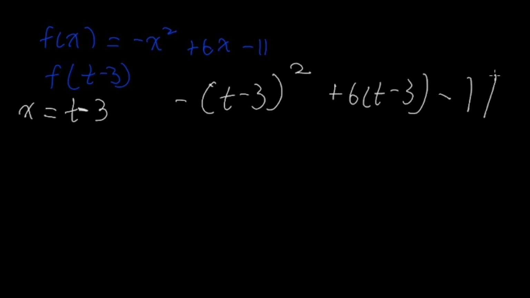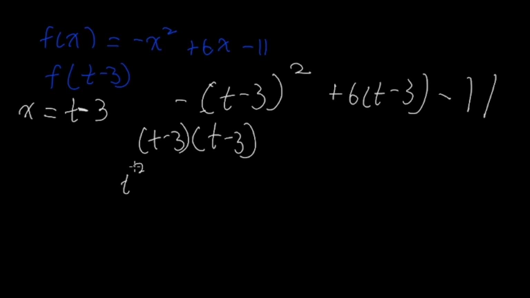Alright, so with this, we will solve for t minus 3 squared first. t minus 3 squared becomes t minus 3 and t minus 3. We can fully simplify it and solve it.